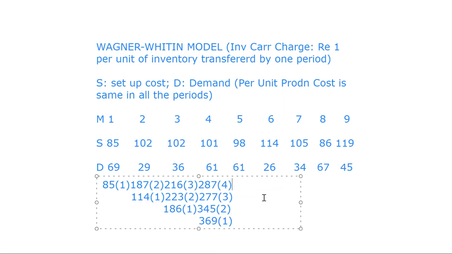Yes, please. I produce in period number 5. So what is my cost? 375. You tell me the components. 277 plus 98. 277 plus 98, right? So it is 375, and I produce in the 5th period.